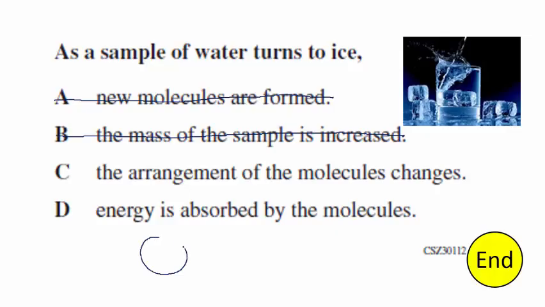C, the arrangement of the molecules changes. If you think about a glass of water, the water molecules look something like this, and they're just randomly floating around in there. When water freezes, they actually arrange themselves in a perfect crystalline structure.